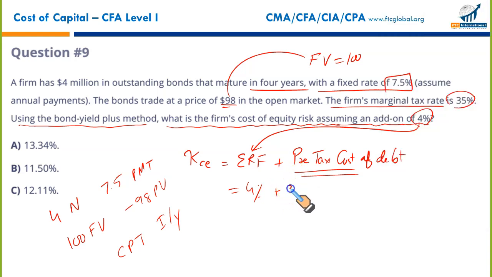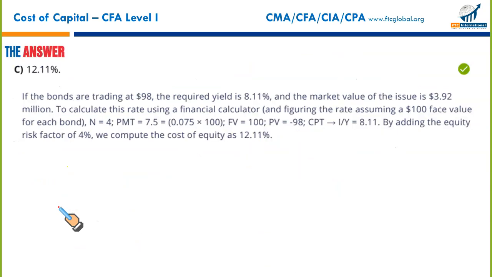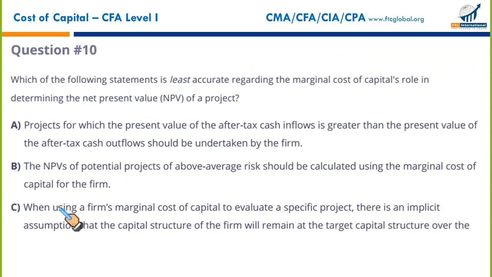Just add this number here, 8.1053. It gives you a total of 12.1053. I have this bad habit of writing more digits after the decimal point. Anyways, it's 12.11. That makes C the correct option. And C it is. Next.